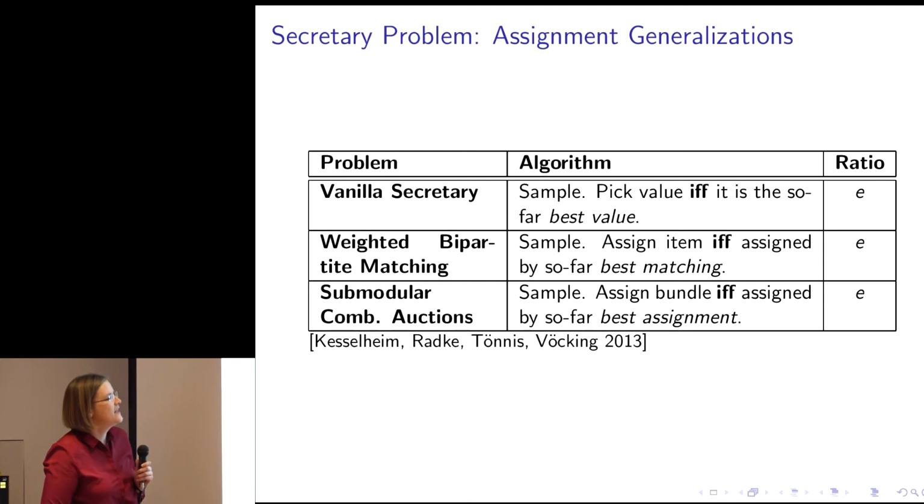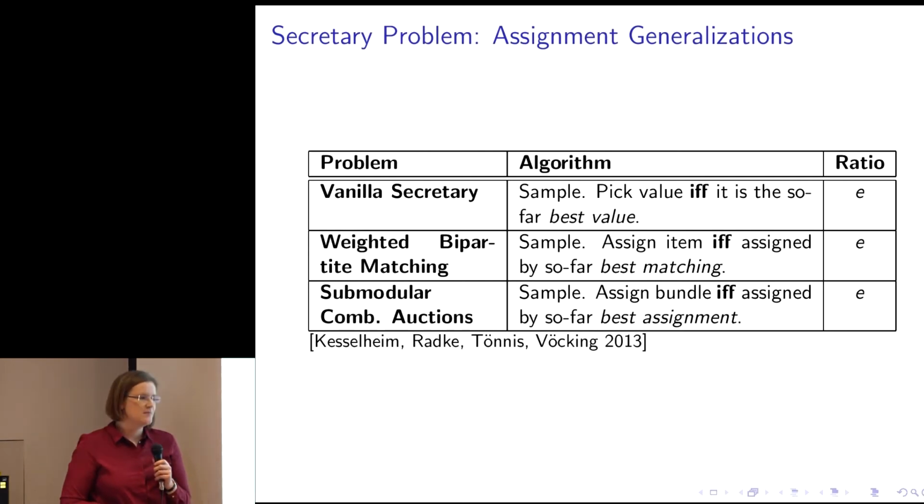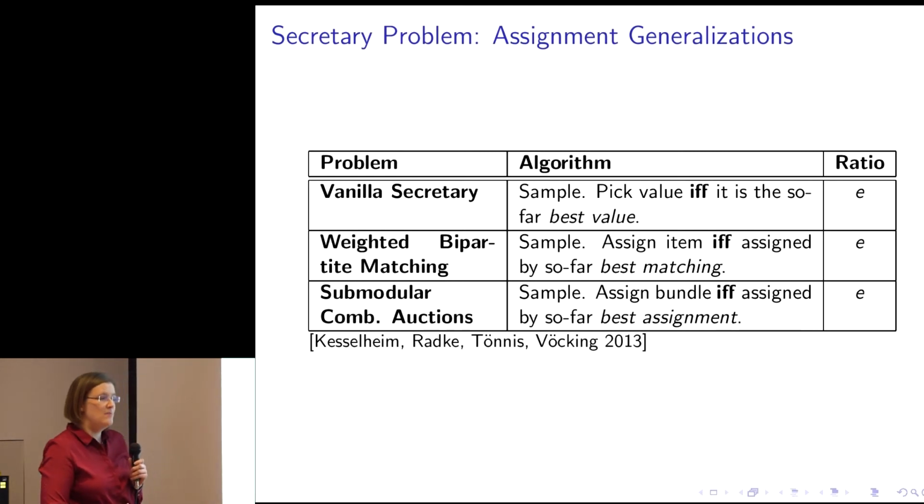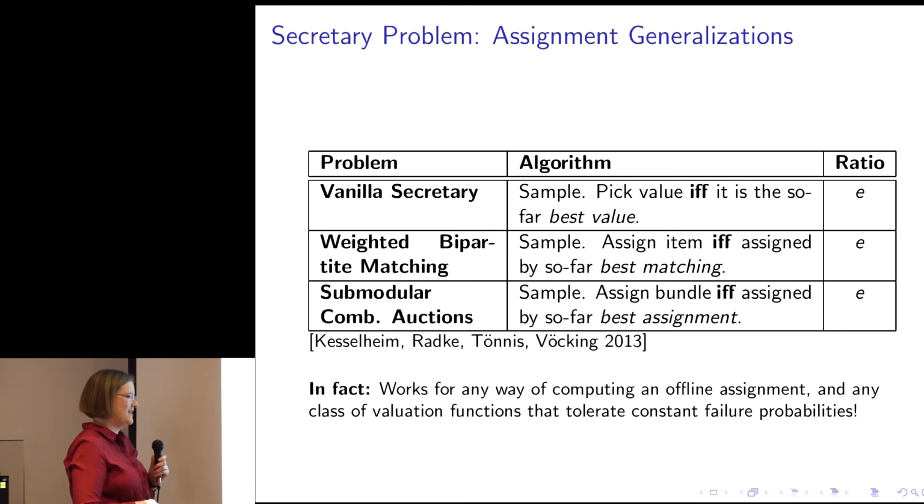And the paper by Kessler, Radke, Tönnes, and Föcking does it also for the case that people might want more than one cat, under the assumption that their valuations are submodular. And there it's the same algorithm. They say, okay, I assign this bundle if the so far optimum does so. And it still works the same way. The proof also works the same way. It is completely the same flavor of argument.